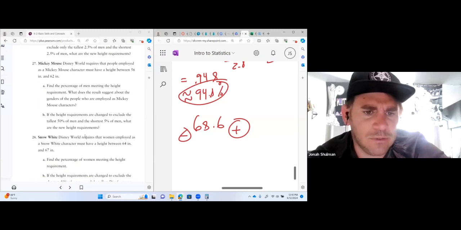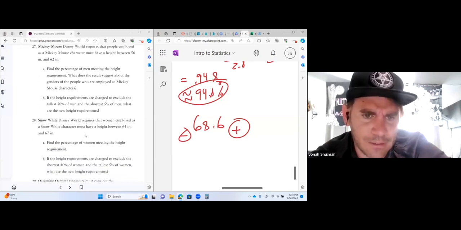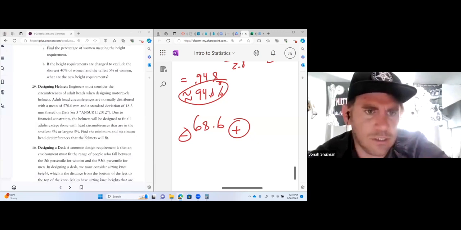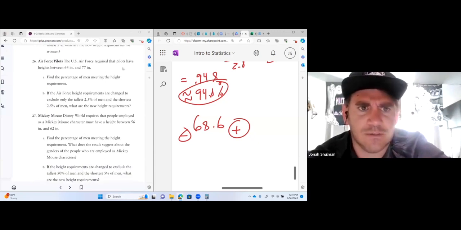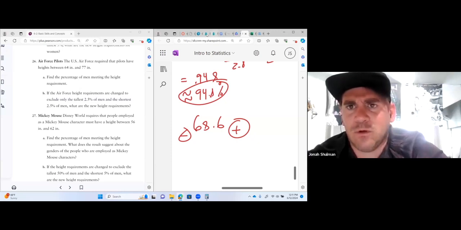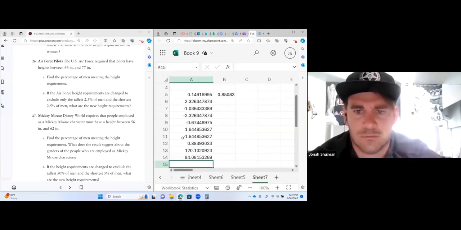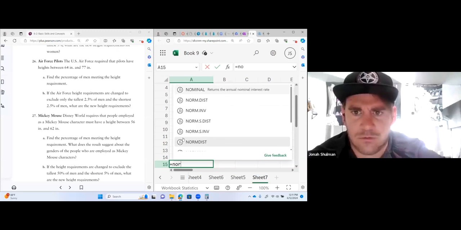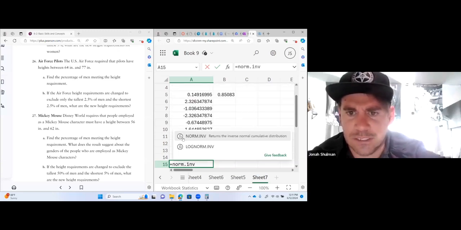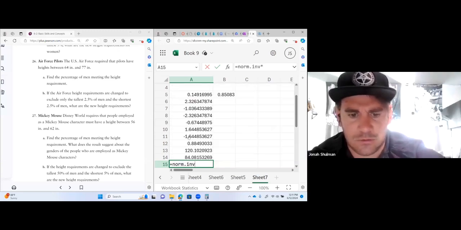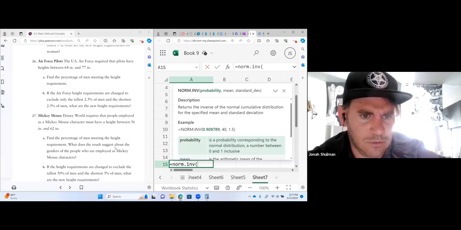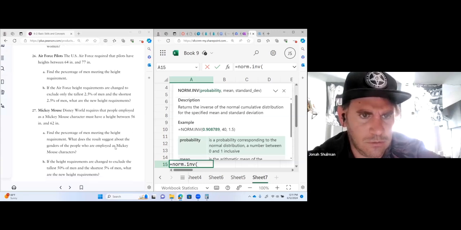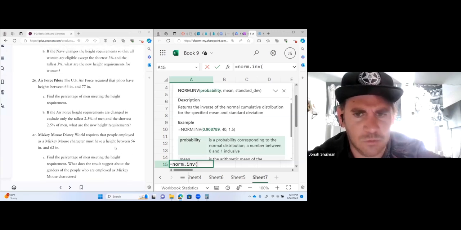I'll try to explain what I mean by that. We're going the opposite way, right? So we're talking guys, and definitely do some more of these if it's not making sense to you. If I want to go backwards, NORM.INV is only going to give me half of this. So we know that we want to exclude the top 2.5%.